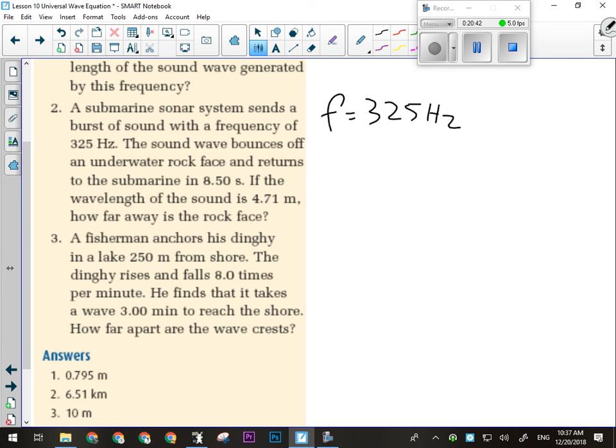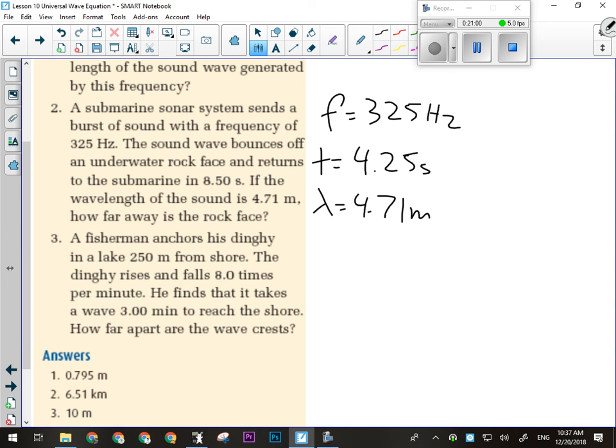So I'm going to write that the rock face is 4.25 seconds away. The wavelength of the sound is 4.71 meters. How far away is the rock face?